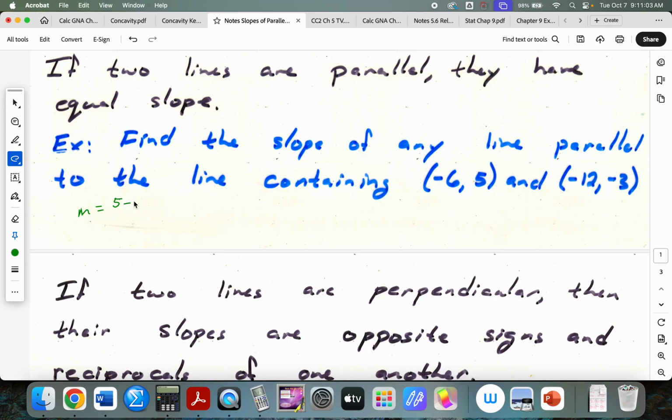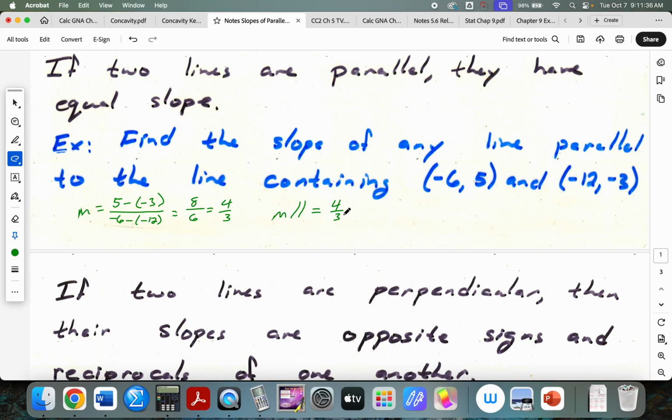So I'll do 5 minus -3 over -6 minus -12. And that's going to be 8 over 6, which is 4/3. So the slope parallel to that will also be 4/3.